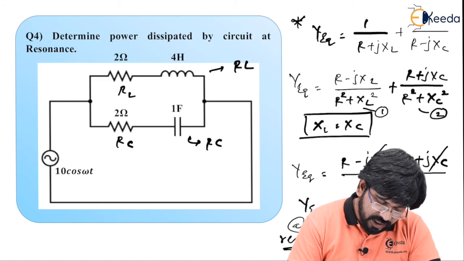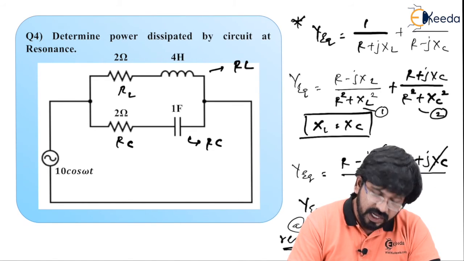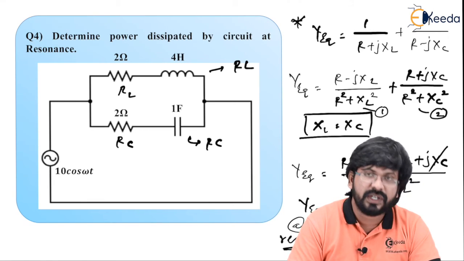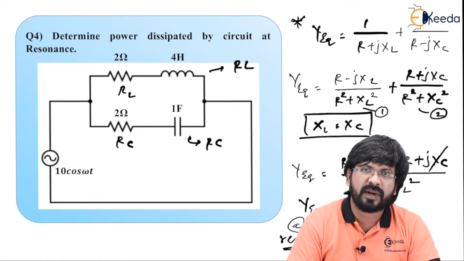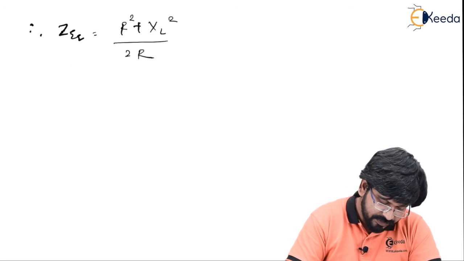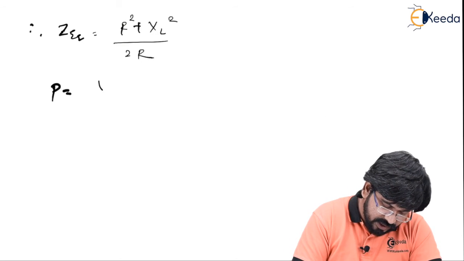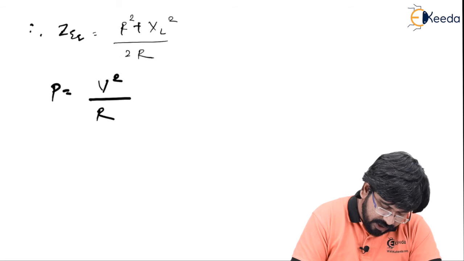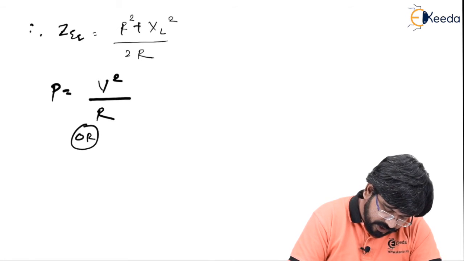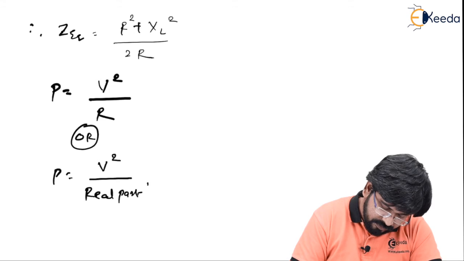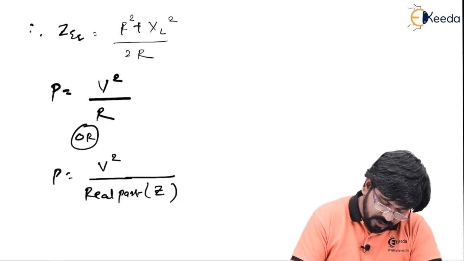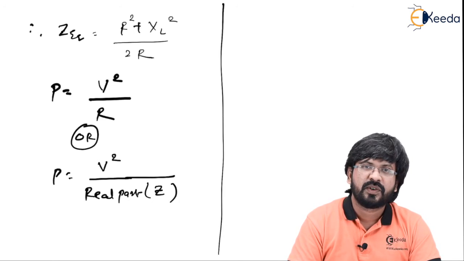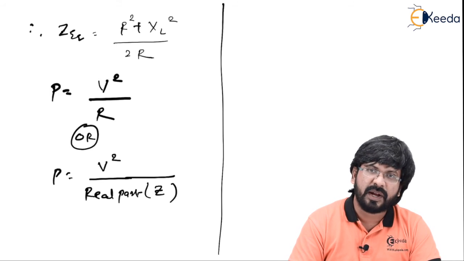Now they are asking us determine the power dissipated by the circuit at resonance. So what we need to do is we have to substitute V square by R as a formula. Power dissipation is simply V square divided by R, or I can write P is equal to V square divided by real part of Z. So we know that at resonance whatever Z we have, it is always a real part only.